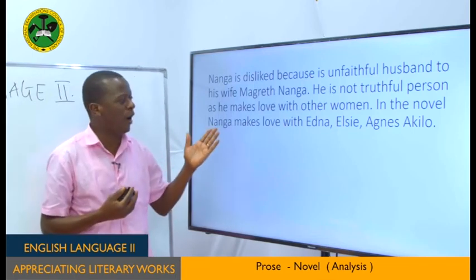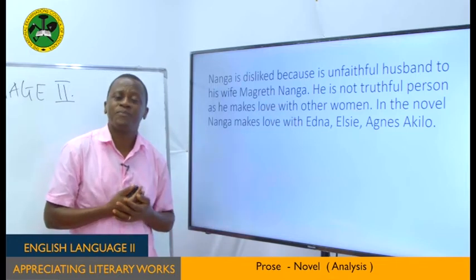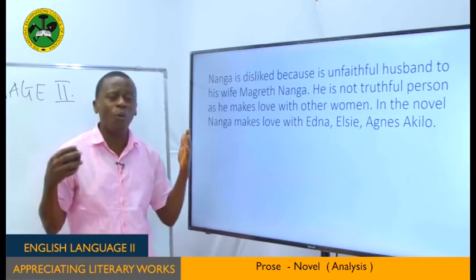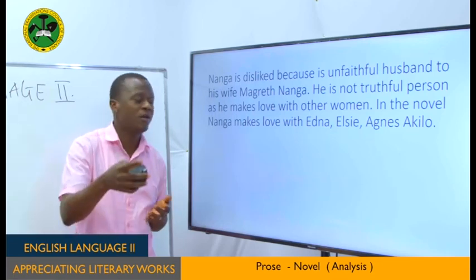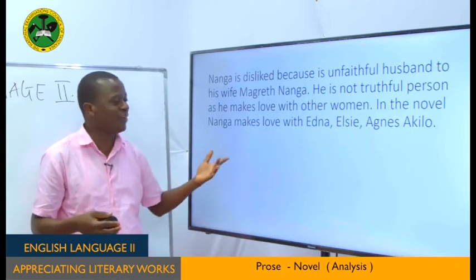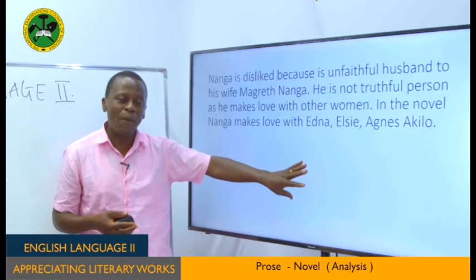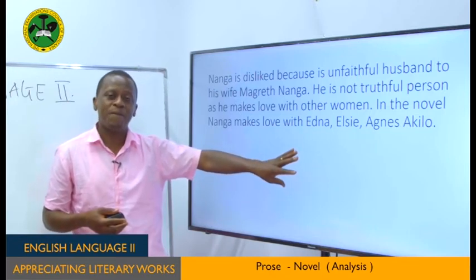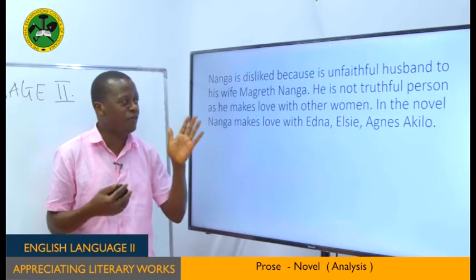Are there people who are unfaithful, who make love with other women, who go out of wedlock? Now, if they are there, then you should say something to show dislike, that people should stop being unfaithful, and people should live a faithful life.